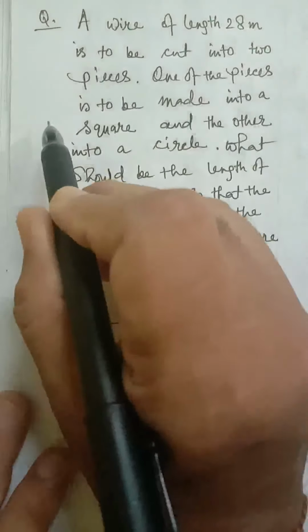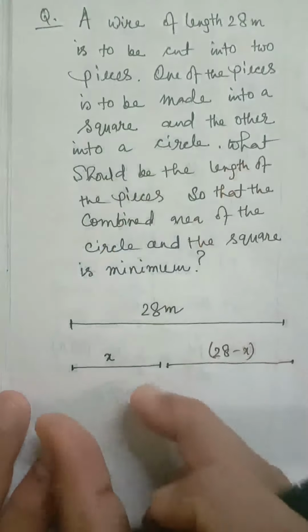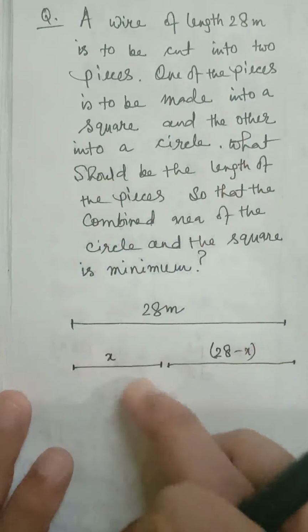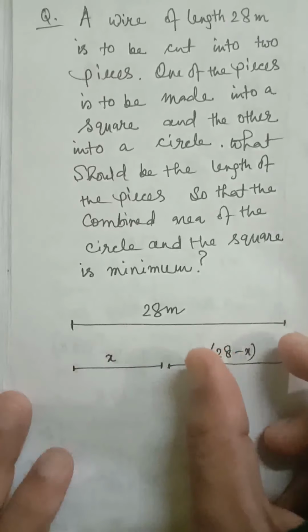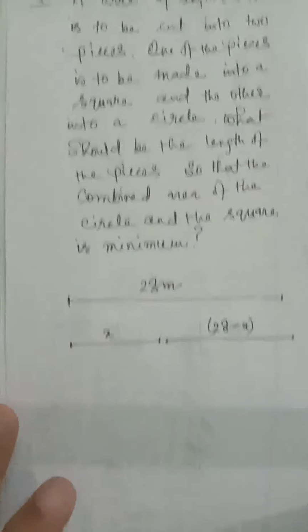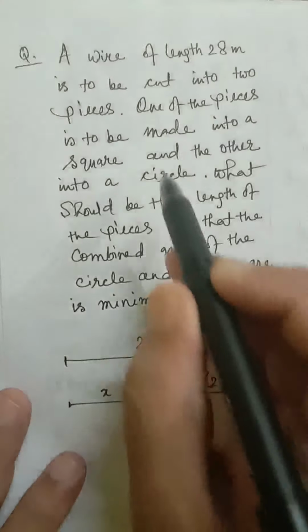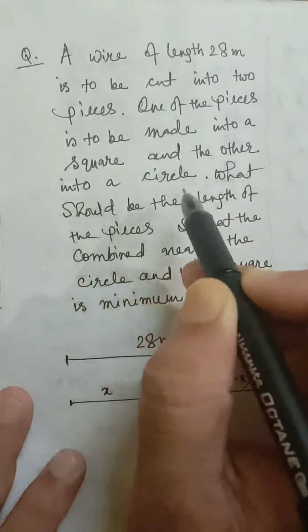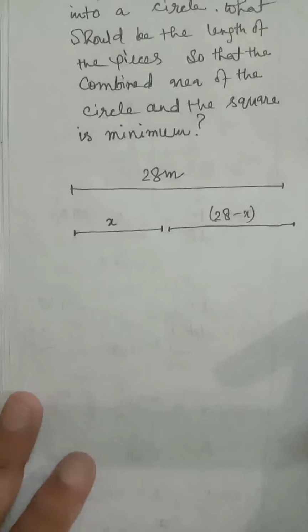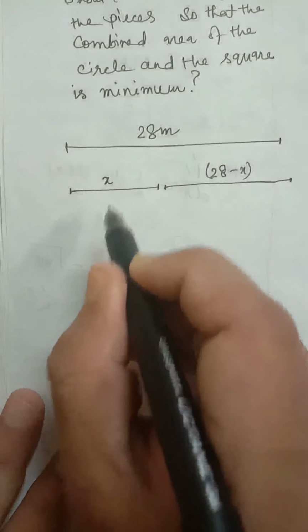One of the pieces is to be made into a square. Out of these two, with any one of these two pieces we have to form a square, and with the other piece we have to form a circle. So let us form a square with this piece.